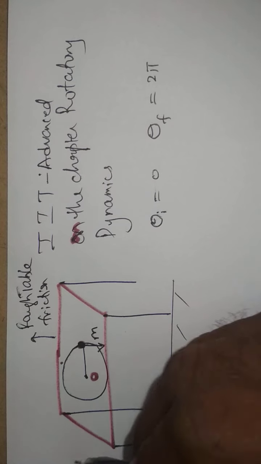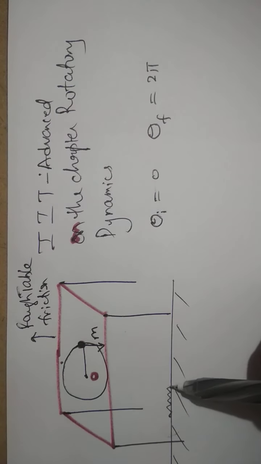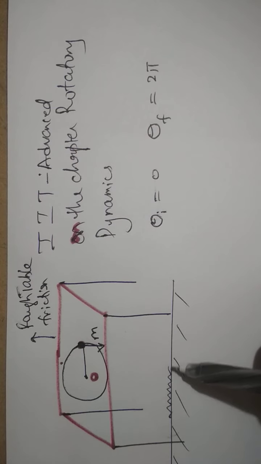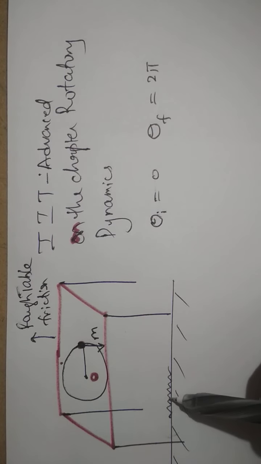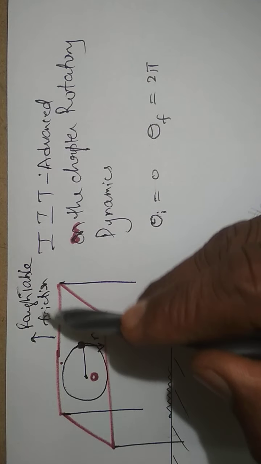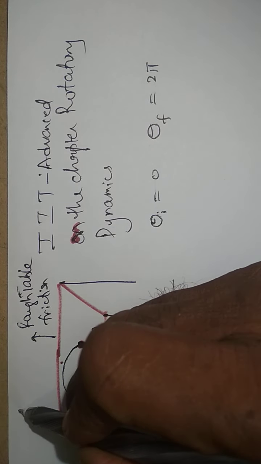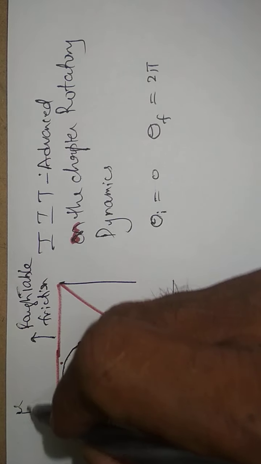If there is no ruggedness at all, then the friction becomes zero. Otherwise, there is friction. So here they have given that the table is frictional, so it must have a coefficient of friction mu.